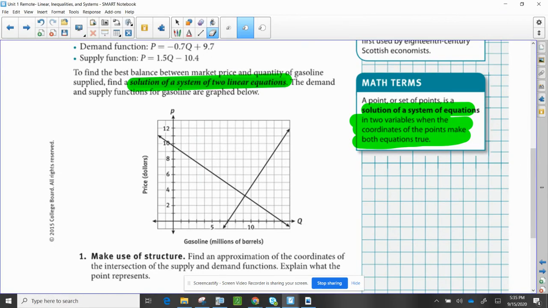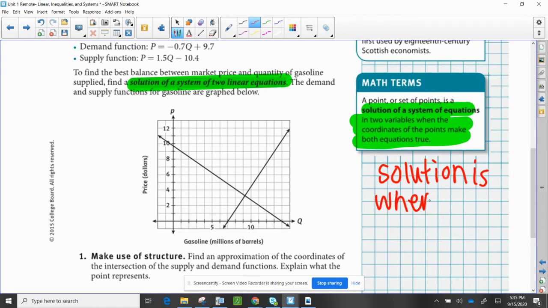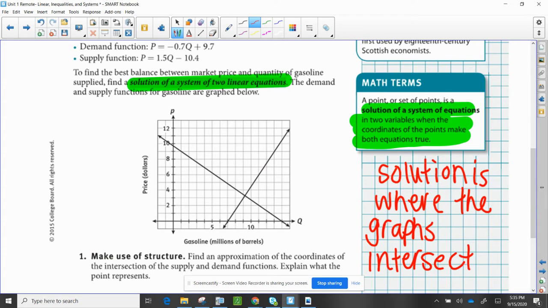That's just a fancy way of saying the solution is where the graphs intersect, meaning where the two graphs cross each other.